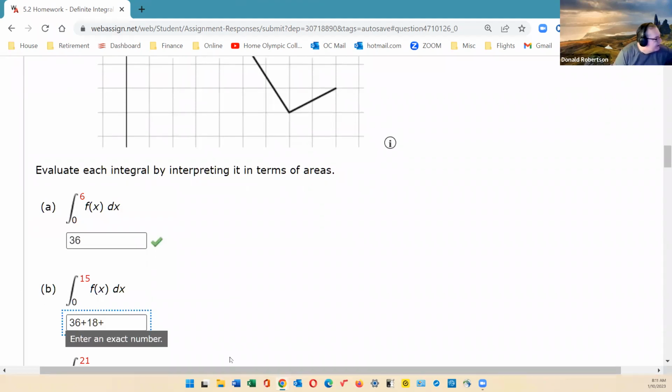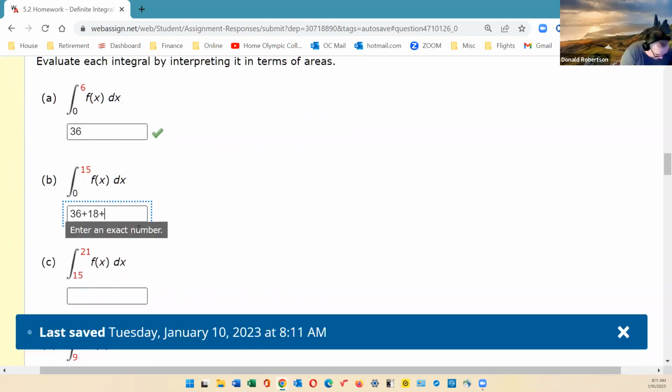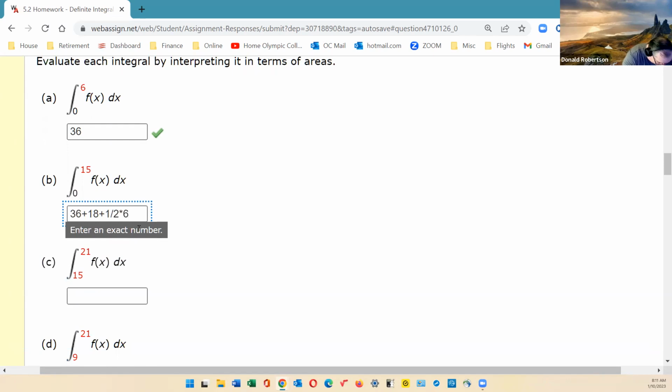And then at the end here, I have 3, 6. That's 6 by 9. So it's a half times 6 by 9. So we go a half times 6 times 9. And I believe that gets you 27.